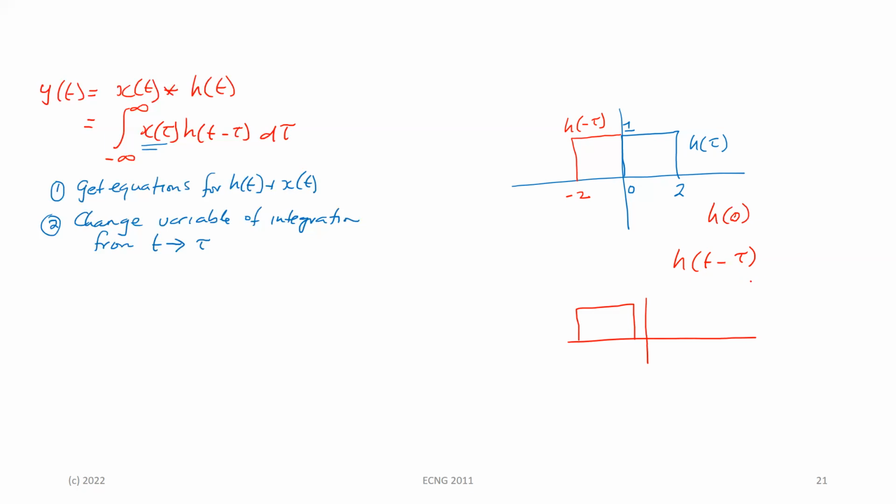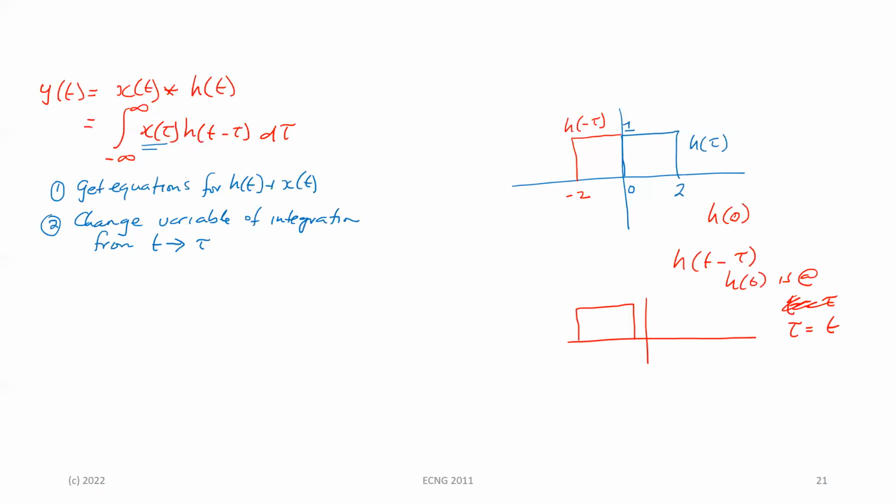So the h(0) point is at tau equal to t. Which means that this is the h(0) point. So this is now the point t.